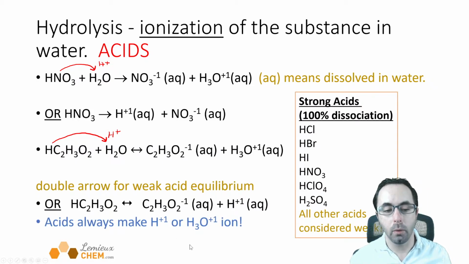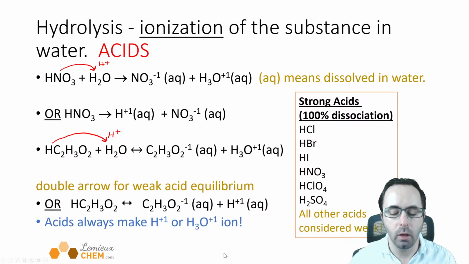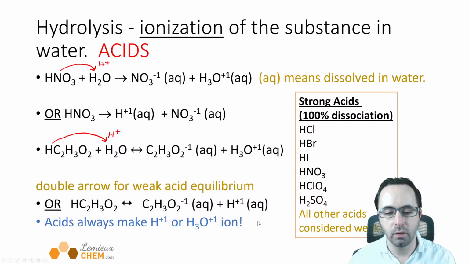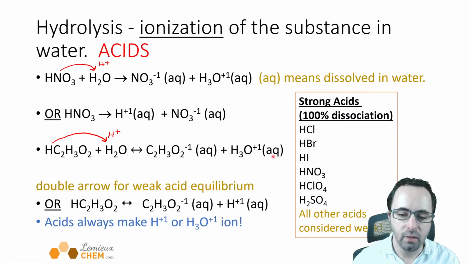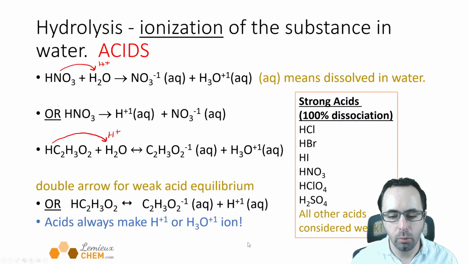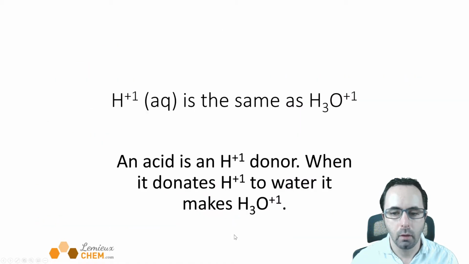So acids are always going to be making H plus 1, or equivalently, we can call this hydronium ion, H3O plus 1. An aqueous H plus ion, as long as you understand chemistry, which you guys do, is interchangeable with a H3O plus 1 ion, or a hydronium ion. So that's what I say here. An aqueous H plus 1 is the same as hydronium.